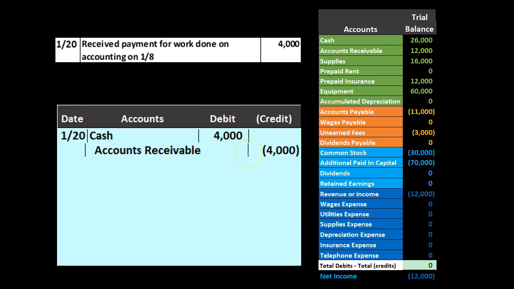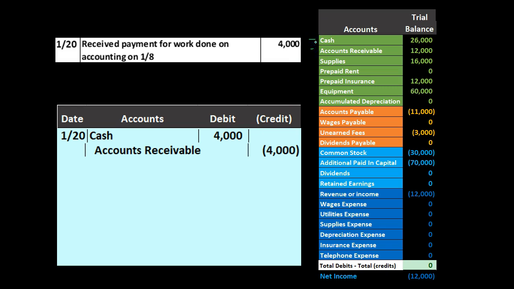But if we think through it, does that make sense? Our accounts receivable has a debit balance. It needs to go down because if people paid us cash, they no longer owe us anymore, and therefore we need to decrease it. How do we decrease it? We do the opposite thing to it as its normal balance, a credit.